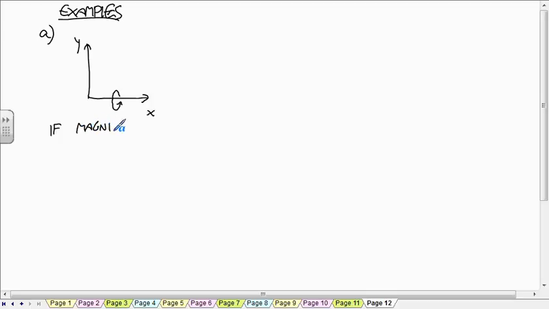If the magnitude of omega is 1 radian per second, what's the omega vector?